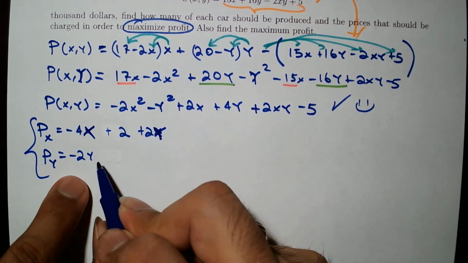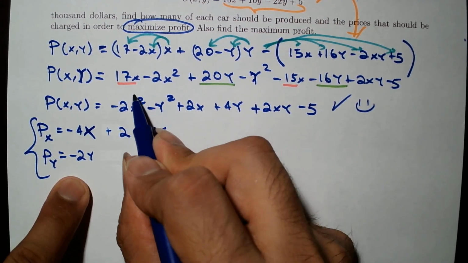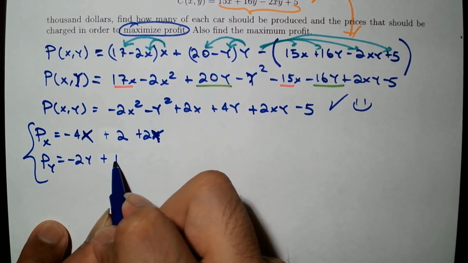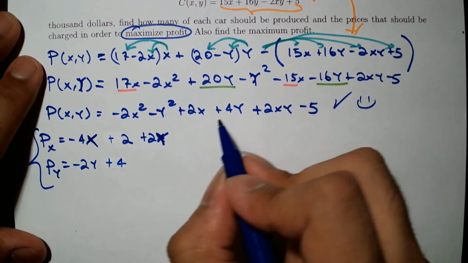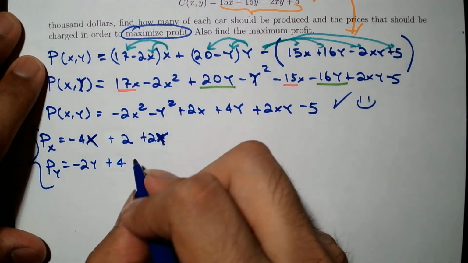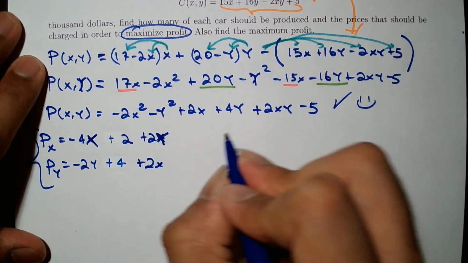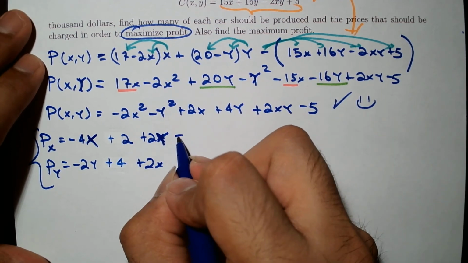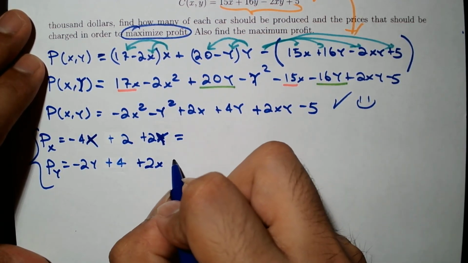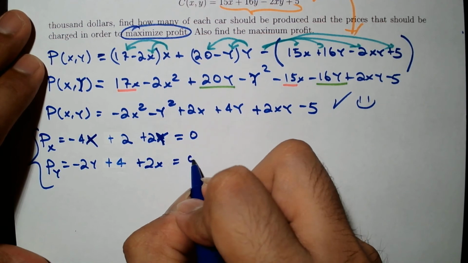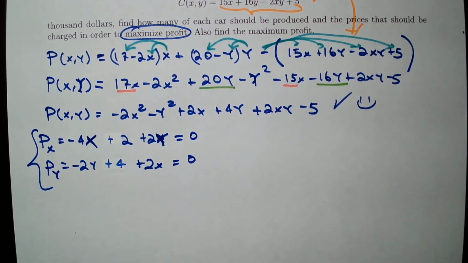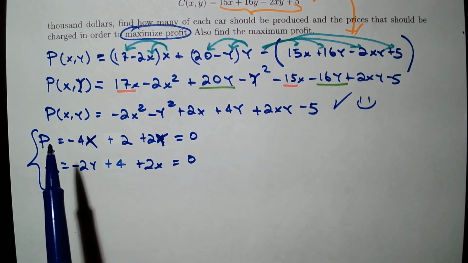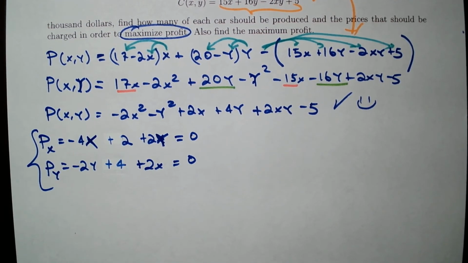So in this case, negative 2y, these two terms go to 0, plus 4, and then the derivative of 2xy with respect to y is 2x. And I'm going to set this equal to 0.